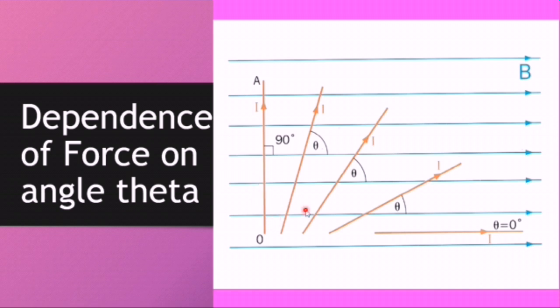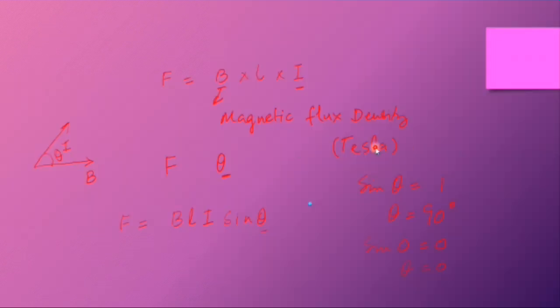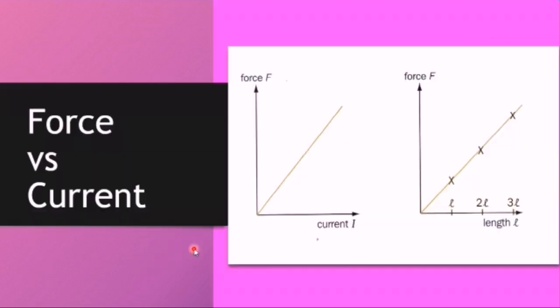And see this last one, when theta is 0, sine 0 will be 0. So there will be no force acting on the conductor if current passing through it is parallel to the field lines. So this is what I tried to explain here already, that at theta 90 force will be maximum, equal to BLI. And when theta is 0, this factor will be 0, so force will be 0 in that case.